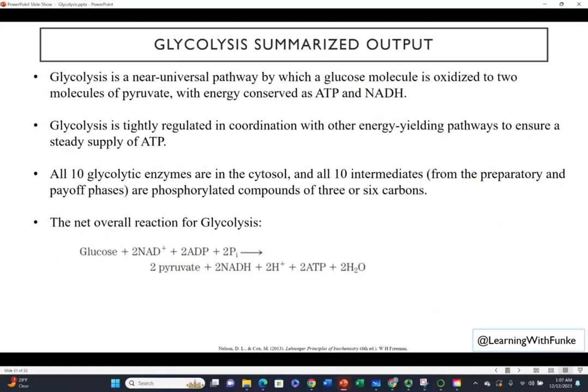We've come to the end of the video, but overall, just to run through the summarized output of glycolysis: glycolysis is a key metabolic pathway present in living cells.